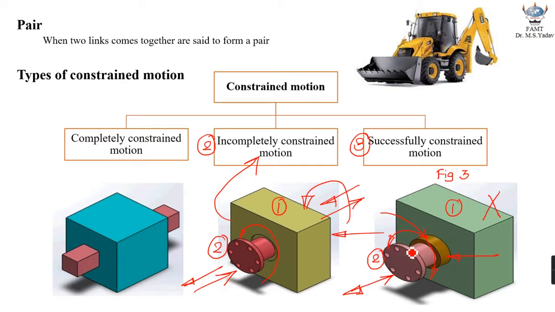So it is the collar which is bringing that completely constrained motion in this pair, right? So the third member is responsible for constrained motion, and the constrained motion is not obtained by the links which are forming the pair. So this type of motion is typically called a successfully constrained motion.